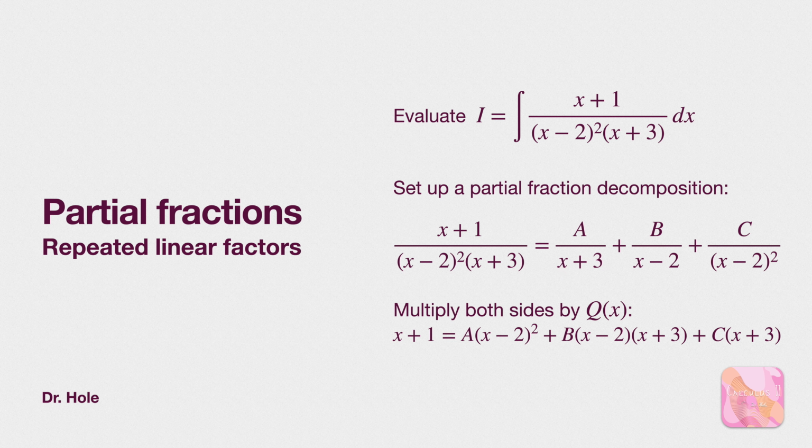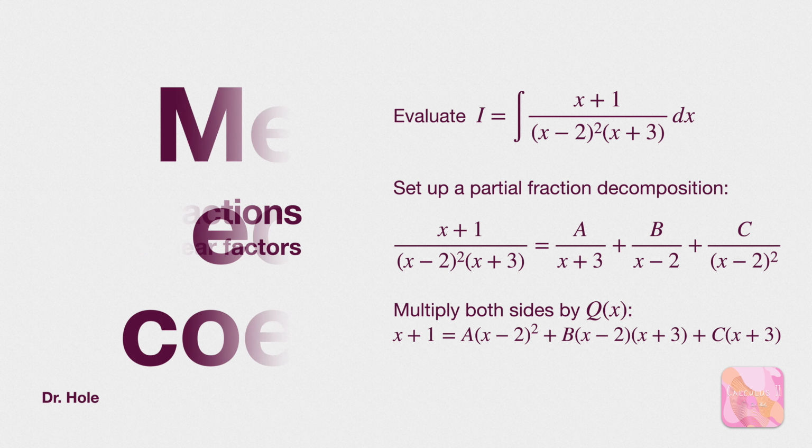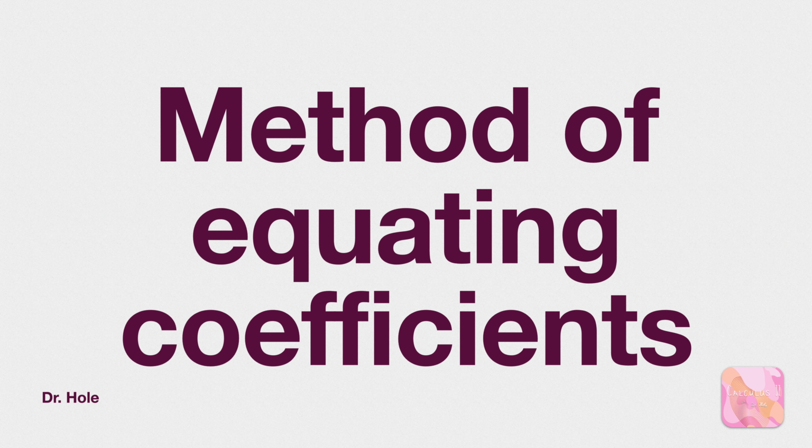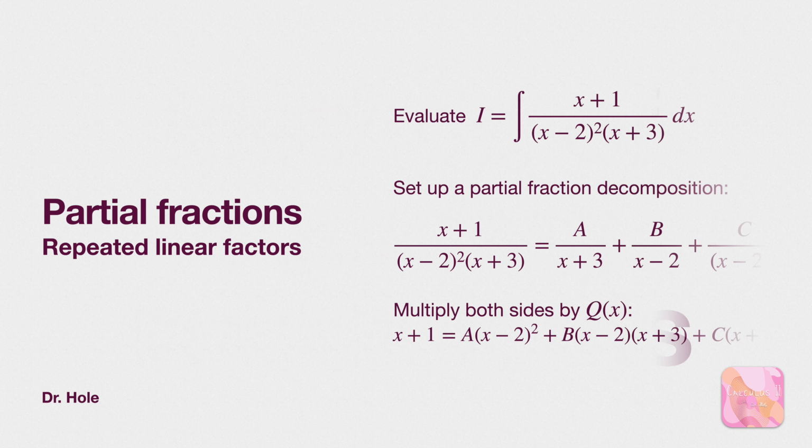Good. Unfortunately, we are not able to use the method of strategic substitution. We need to now go over our second method for determining coefficients, and that is the method of equating coefficients. Okay, so let's take a look.